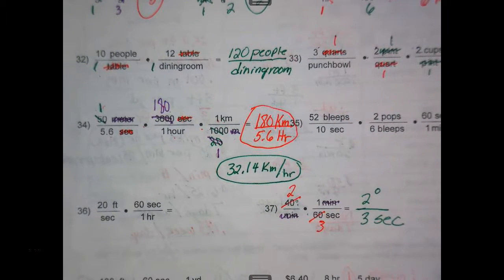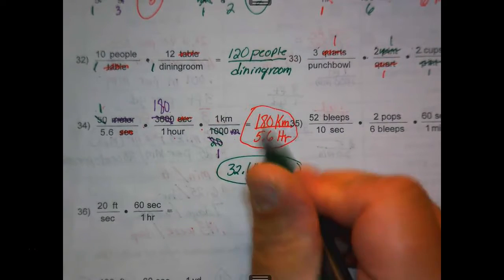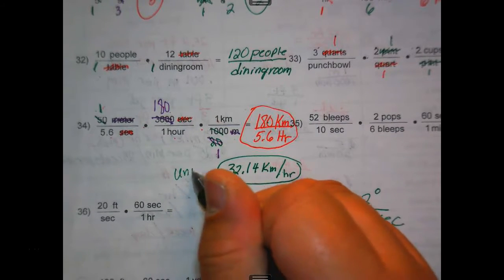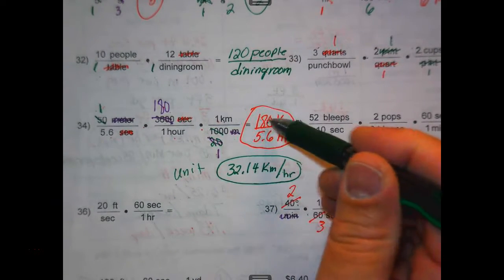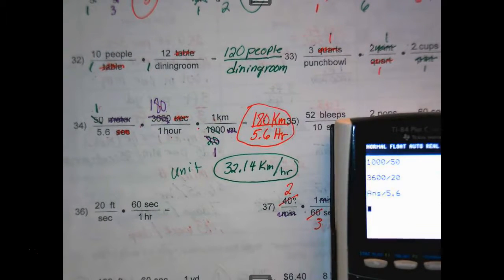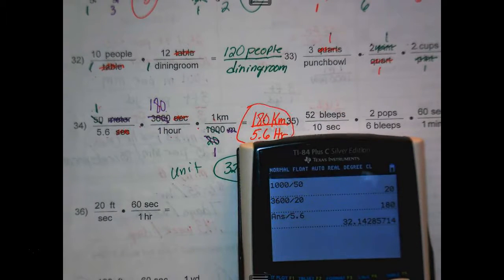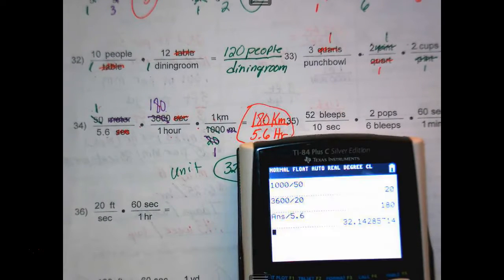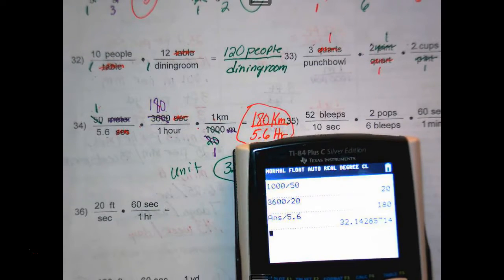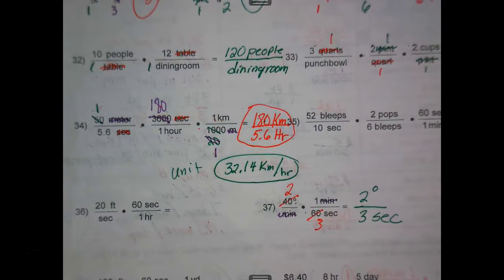Either one. This is the unit rate. I took 180, divided it by 5.6, and it gave me my 32. That's my unit rate.